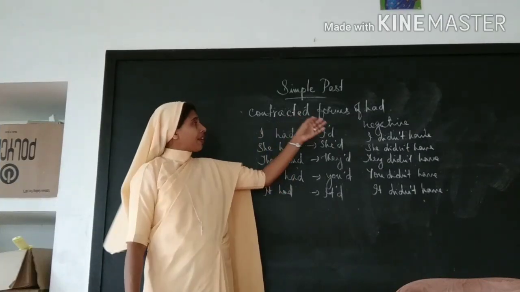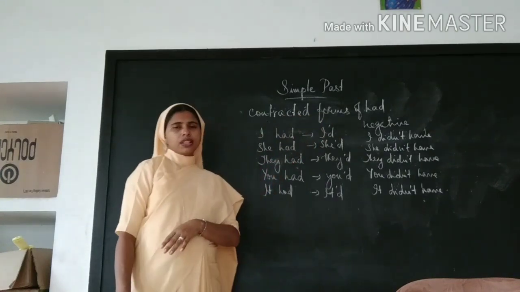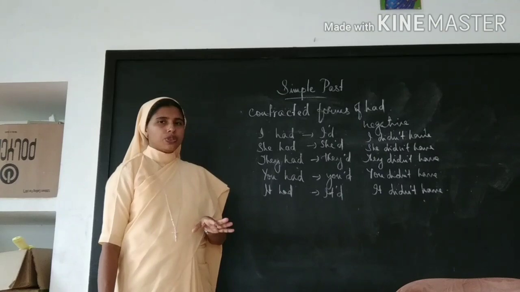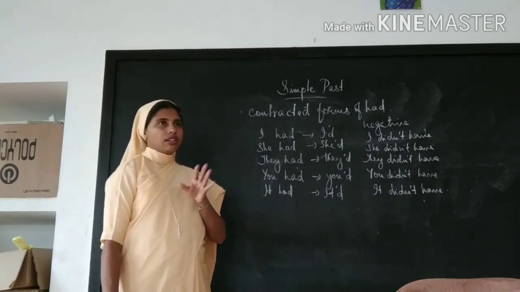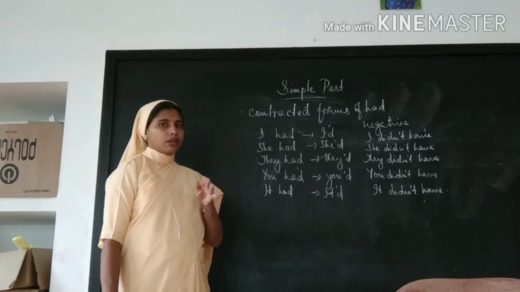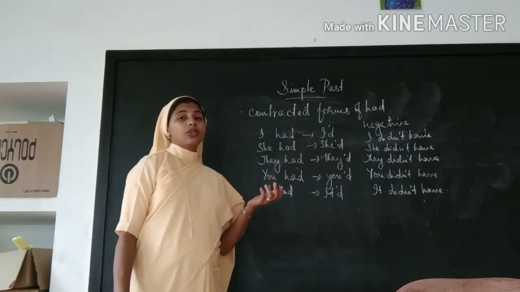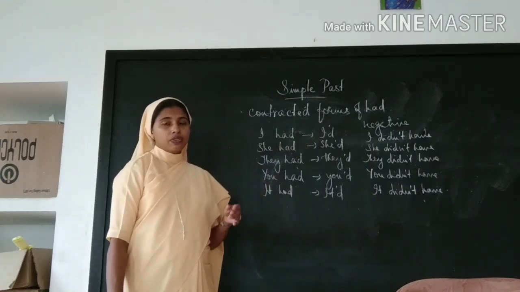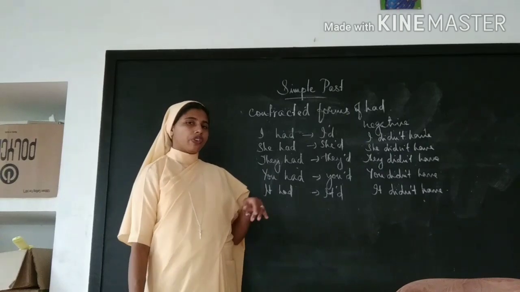Let's see the contracted forms of had. Contracted means short forms. We often don't use the full form in English. For example, auxiliaries and have forms and be forms, when used as main verb, it's not compulsory that you use them in full form. We often use short forms.